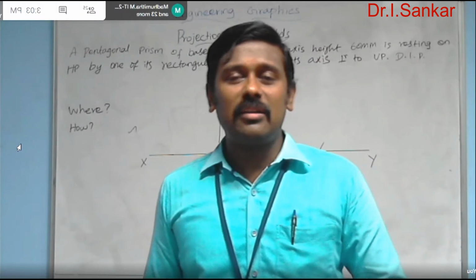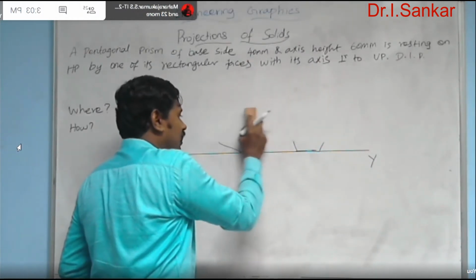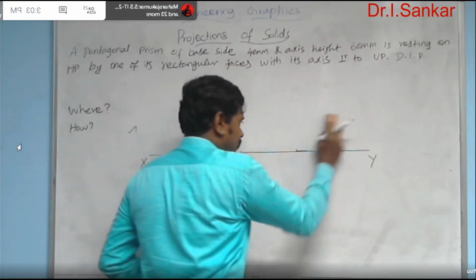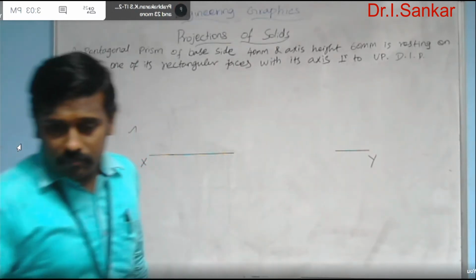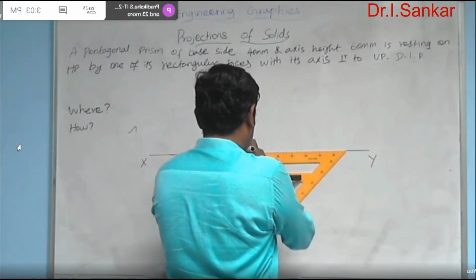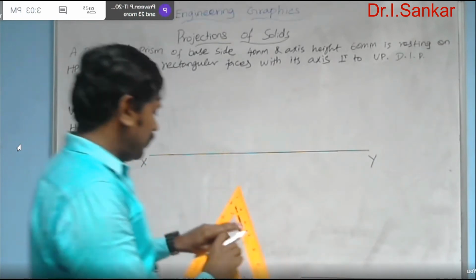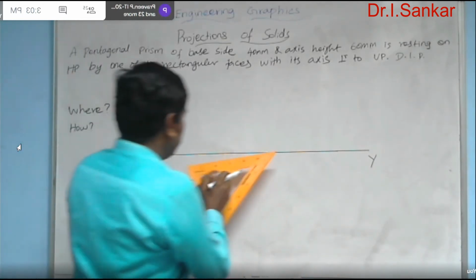Totally 10 corners are there in this solid. So in each and every view, you have to bring all these edges and corners. Let me draw the base view of the solid.